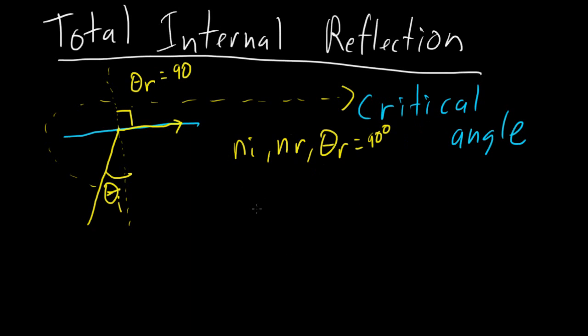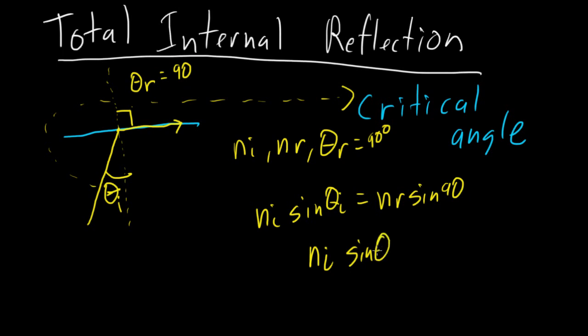So it would look like this: Ni sine theta I equals Nr sine 90, but what's the sine of 90? Equals 1, so really we're just going to have Ni sine theta I equals Nr, which means we could really write a general case formula here if you want to write this down.